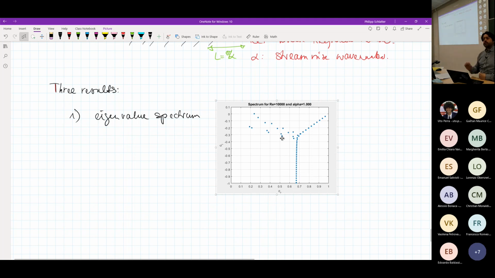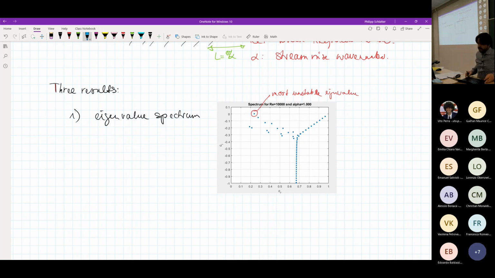So this is the location of all the eigenvalues that I get, which I can then use to identify which one of those is the most unstable eigenvalue. So in this case, it was of course this guy, which turned out to be the most unstable eigenvalue. So this is what I can get from the spectrum.